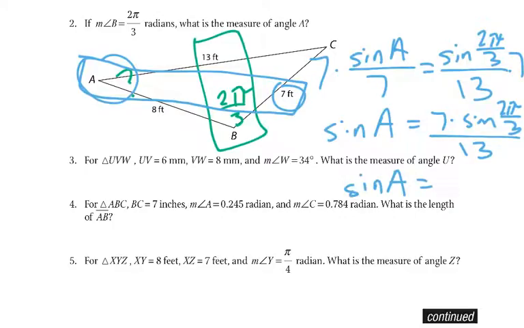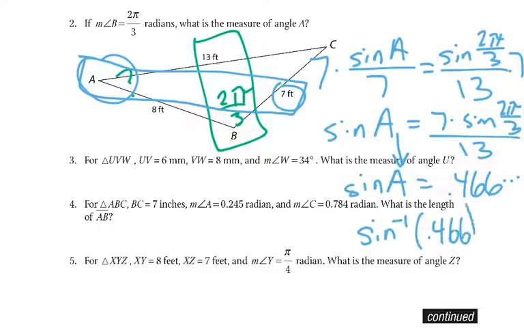So let's put that in the calculator. Now we get 0.466 and some other decimals. We'll probably want to leave those decimals there and use the calculator to help. Now, in order to get rid of the sine, to get A by itself, that's when we take the inverse of the number, and that's going to give us angle A. So we use the calculator to do that, and we get 0.4851.